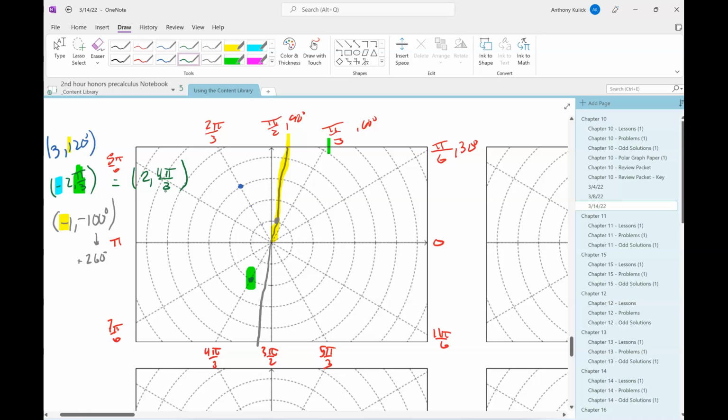Everybody see that? And wouldn't that also be the same thing as like negative 2 and then 7 pi over 3? Where we go around one full rotation and then flip. Still puts us at the same spot.